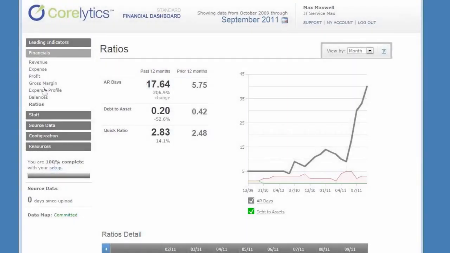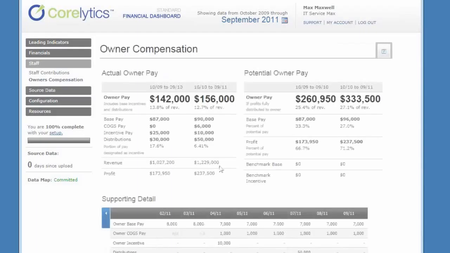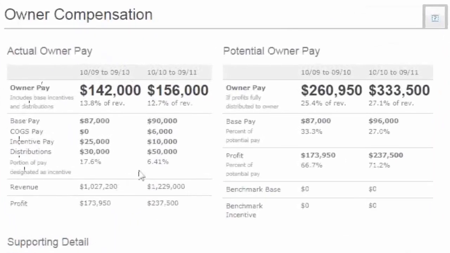So I have gone over the leading indicators, the financials, there's this staff contributions. There's an owner compensation page here, which will take into consideration all of the pieces of owner comp, the base pay, anything that's mapped to cost of goods sold.